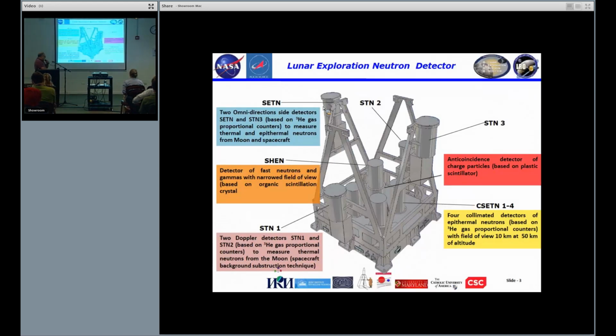This is the schematic of LAND. We have epithermal sensors, some collimated and some uncollimated, and we have a thermal neutron sensor and a high energy neutron sensor, and also charged particles. So a number of those.